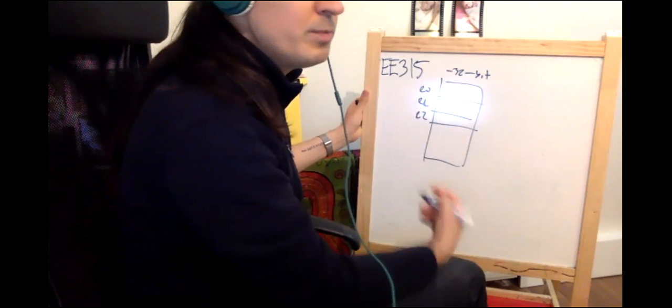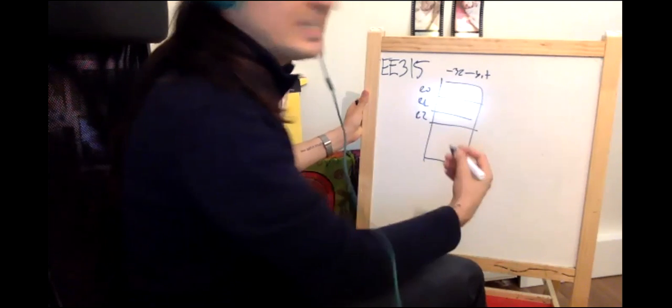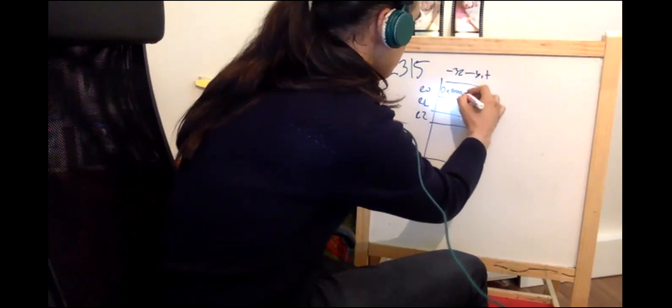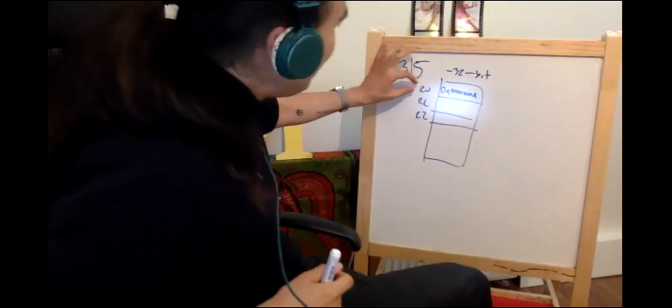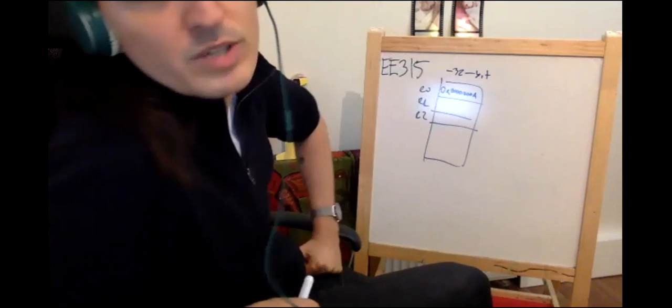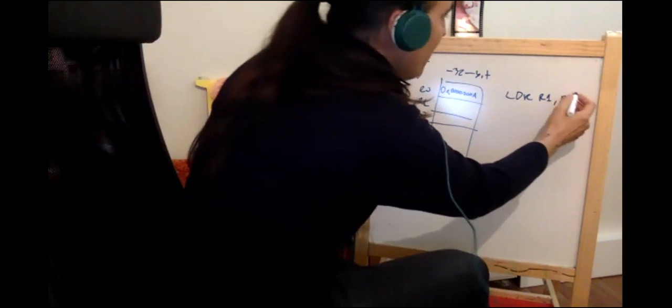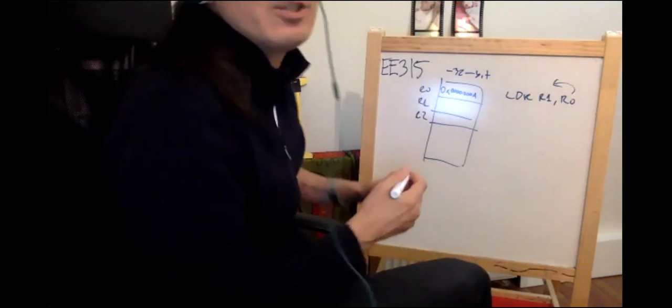I'm going to represent these 32-bit values in hexadecimal. If it is hexadecimal, I have 8 nibbles, like 0000000A. This is a 32-bit value. In R0, I have this value, guys. So I'm writing a code like this, LDR R1, R0, which means get the value inside R0 and write it to R1.